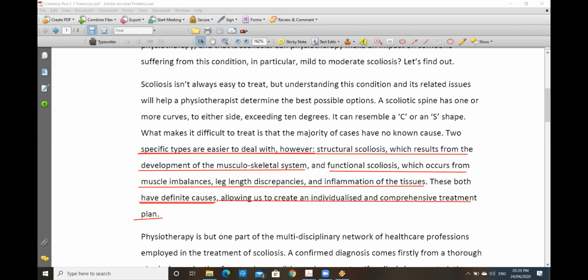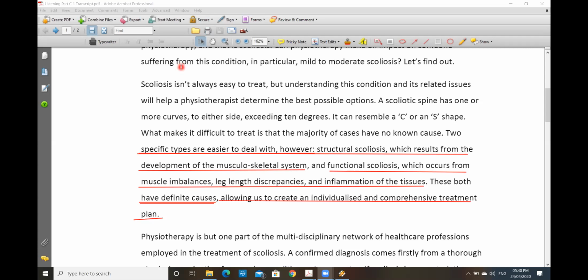In fact, he was trying to explain we have to identify the cause, whether it was because of developmental issues, or because of muscle imbalances and leg length discrepancies.